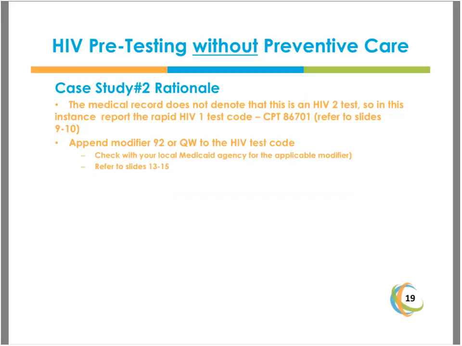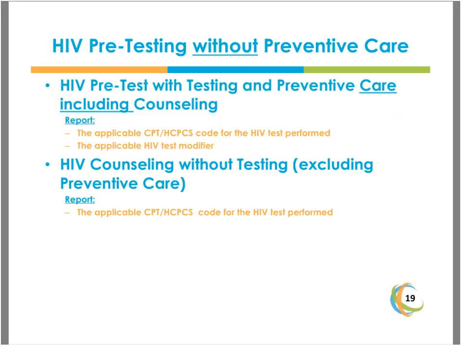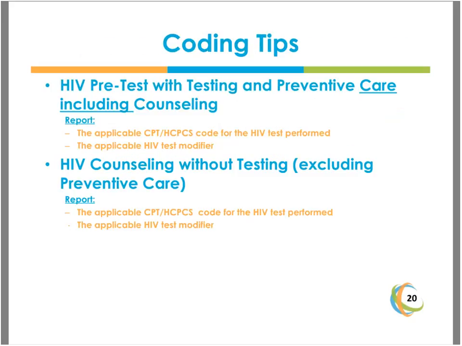But just to be clear, the code is the same, and your local Medicaid state agency will determine which modifier you'd be utilizing for this particular HIV pre-test. So some coding tips, because those are the only two examples that are provided in this series.